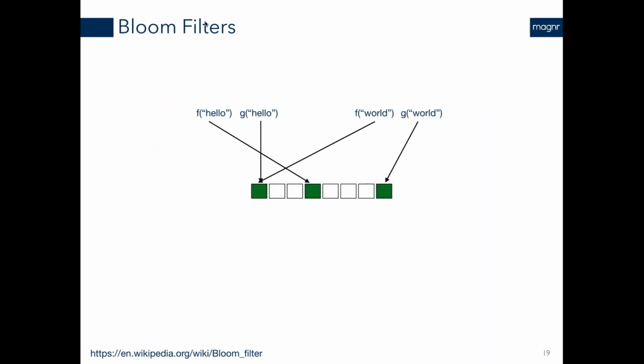We can apply this function continuously. Every time you want to have an item exist in your Bloom filter, you perform the hashes of the item and you mark the points in the bit set that correspond to the hashes. So in this diagram, we've taken our hello item and we've marked 0 and 3, and we now perform the same functions f and g on some new input, and we'll call that world.